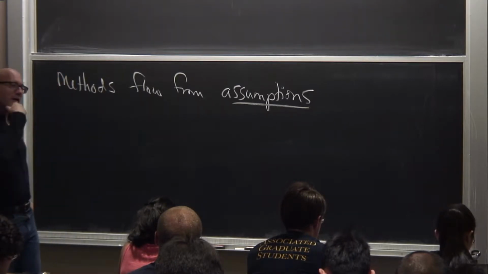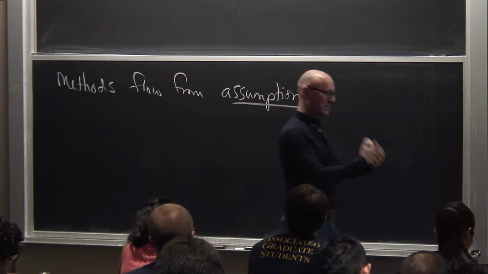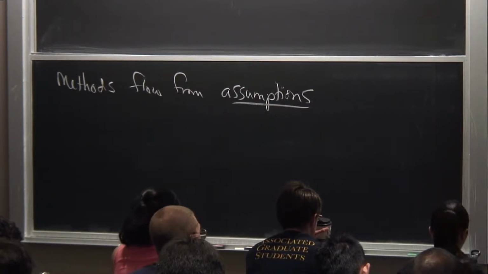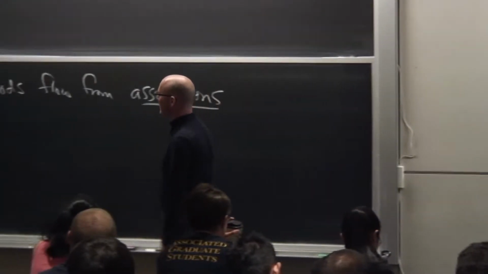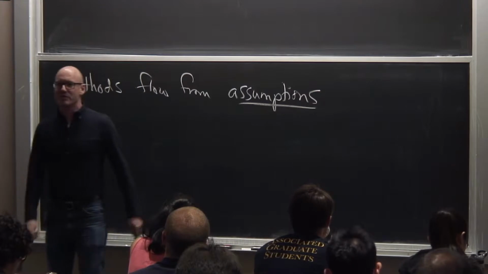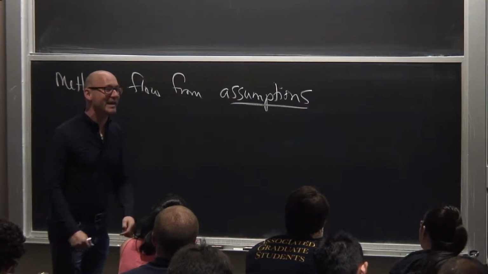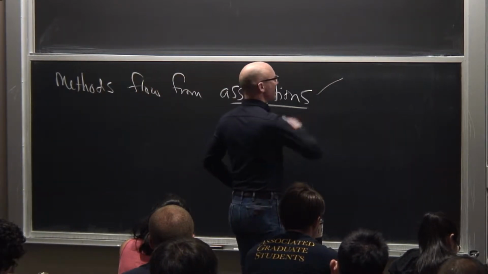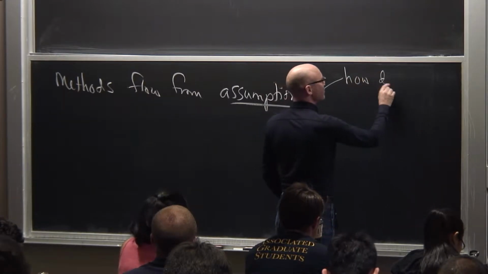So whenever we do a data analysis, say you're trying to measure the mass of the Higgs, you do some operations on the data. The operations you do on the data should be the natural operations which emerge from your assumptions about the data. And there'll be assumptions about how the data were generated.